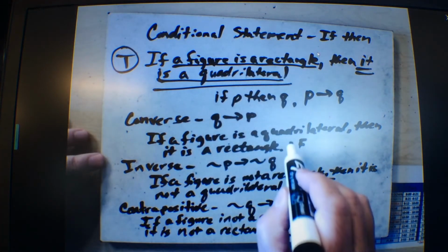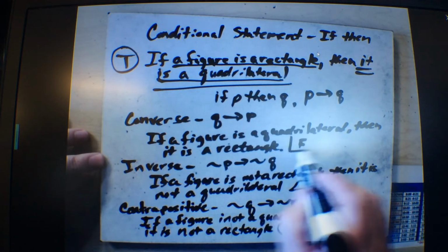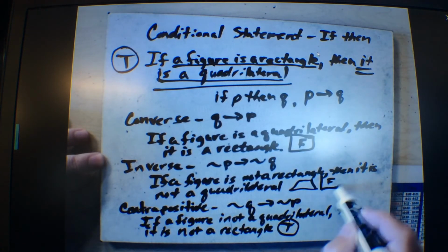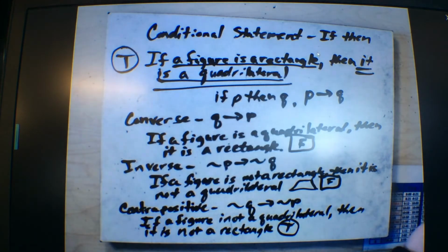The converse, which was false, and the inverse, which was false, will always have the same truth values. They'll either both be true or they'll both be false. Regardless, if I give you an original conditional and it's true, then the contrapositive is true.